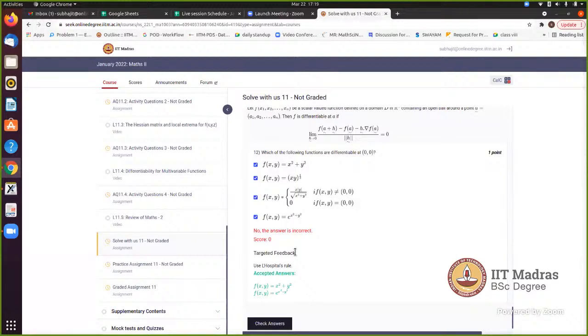Okay, sir. So how to use L'Hopital here and where to use? Okay. So for the third option, what you are doing? I mean, if without using L'Hopital's rule you are getting everything done, then it is also okay. You don't have to use that. Yeah, I'm just curious how to use it.